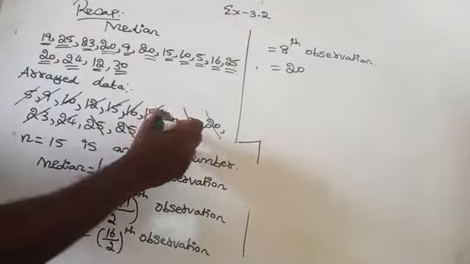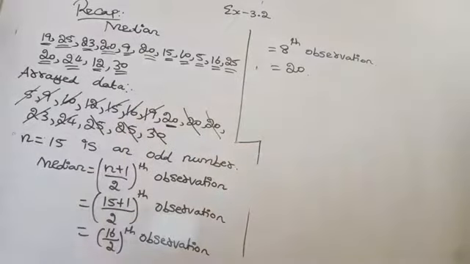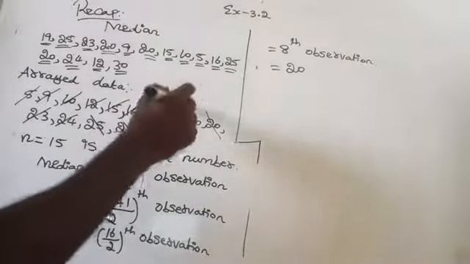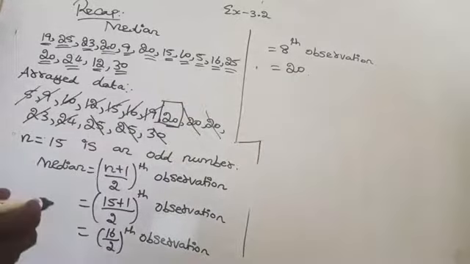What is left out? Only one number is left out, and that is the median. Only after striking out on the arranged data can you conclude. Am I right here?